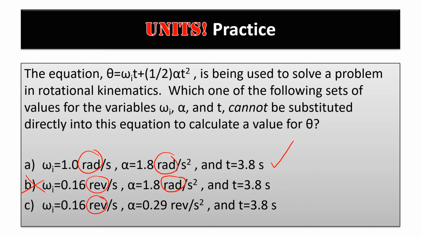Now, this is revolutions per second squared, and these are all just seconds, so that's fine. So yeah, if it's revolutions and revolutions, that's good to go as well. You could plug those right into a kinematic equation, those equations on top that we just saw, and that's totally fine. So you cannot do B. You'd have to convert some units first.